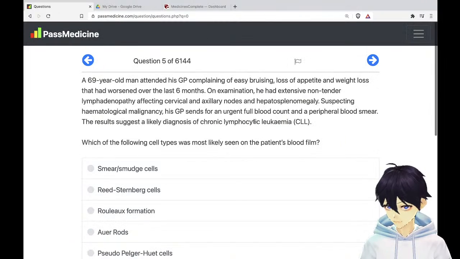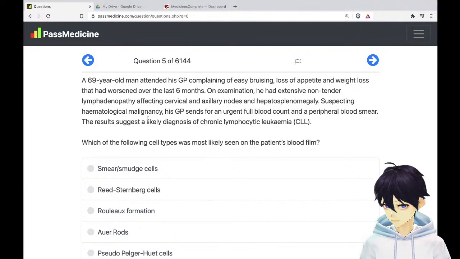Okay, next question. A 69-year-old attended his GP complaining of easy bruising, loss of appetite, and weight loss that has worsened over the last 6 months. This doesn't look very good. On examination, he has extensive non-tender lymphadenopathy affecting cervical and axillary nodes and hepatosplenomegaly.